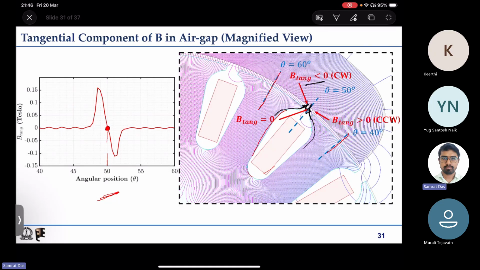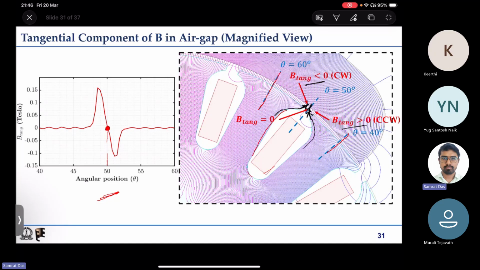So there is a bend on the left hand side. So if you take the components, you will see a tangential component. The tangential component will be in the counterclockwise direction. So that is why you see a positive thing there.